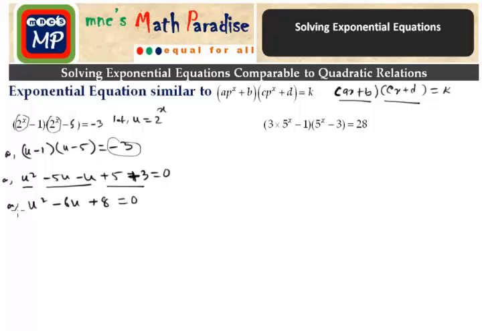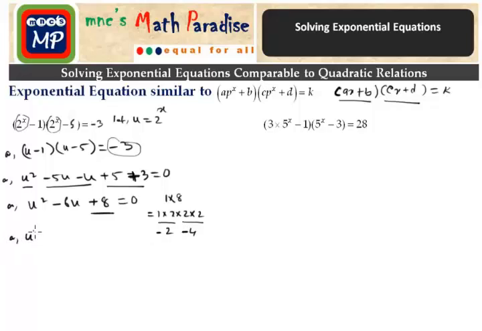Here the coefficients are 1 and 8, so we multiply 1 and 8, which is 8, or 2 times 2 times 2. Now we need to divide this number so that, since the constant term is positive, their addition gives us 6 and we take both of them negative. That means if we divide them as 2 and 4, their addition is 6, and since the middle term is minus, we take both of them negative.